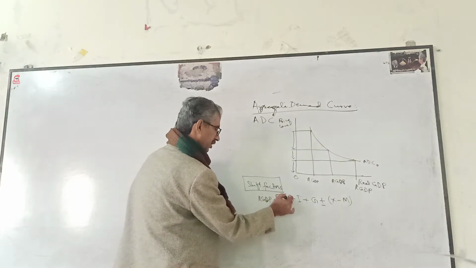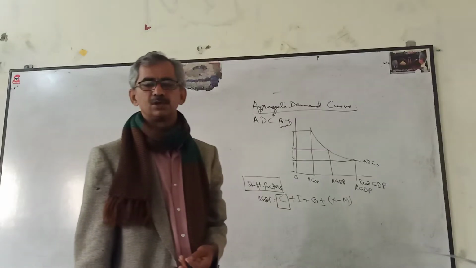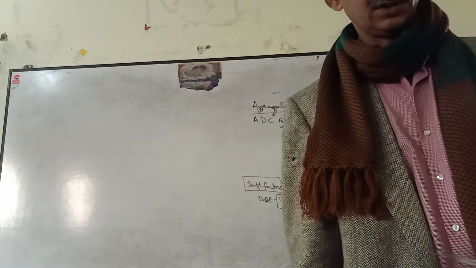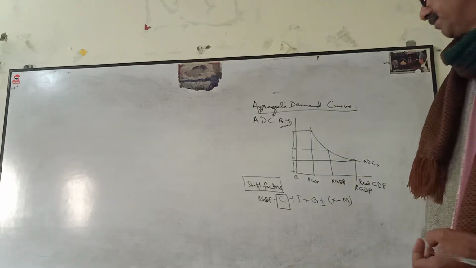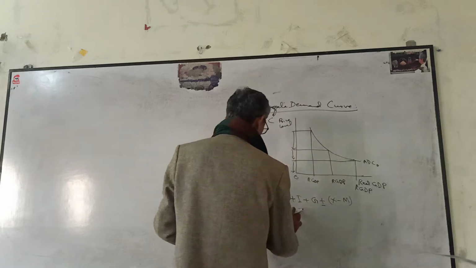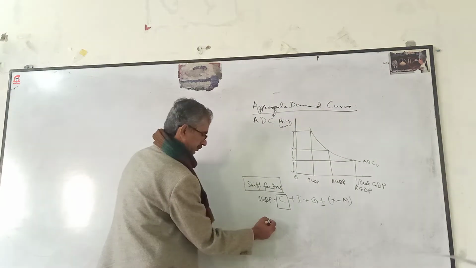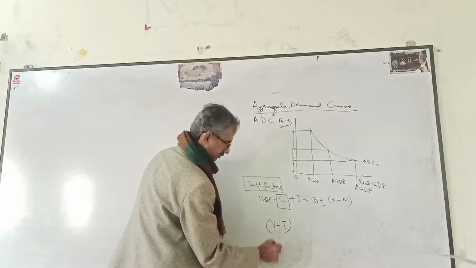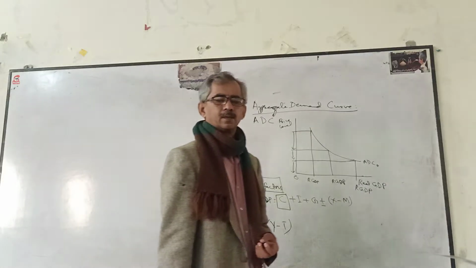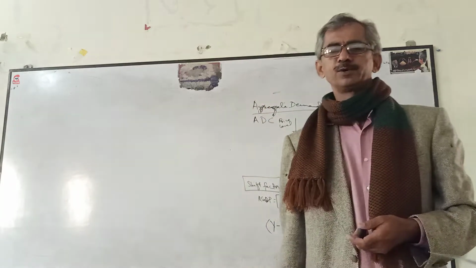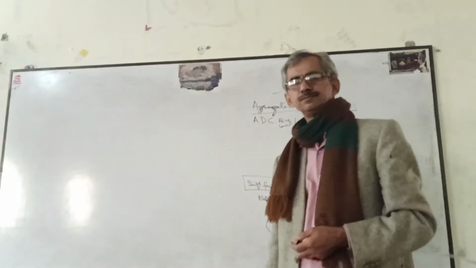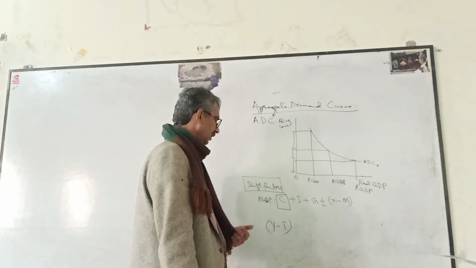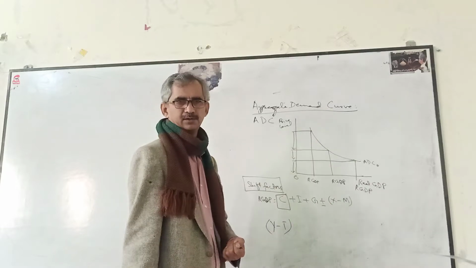And what are the factors causing the shift in the demand curve? Consumption of the people depends on Y minus T, the disposable income of the people. When the disposable income of the people increases or decreases, it affects the aggregate demand.